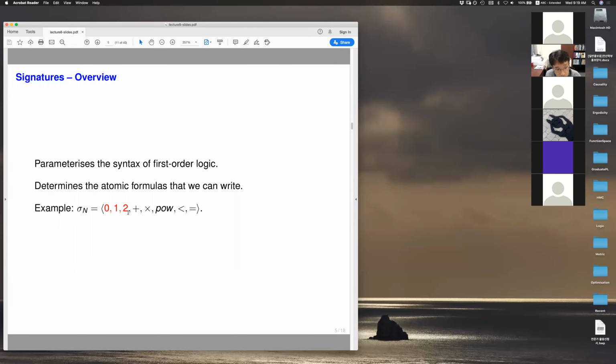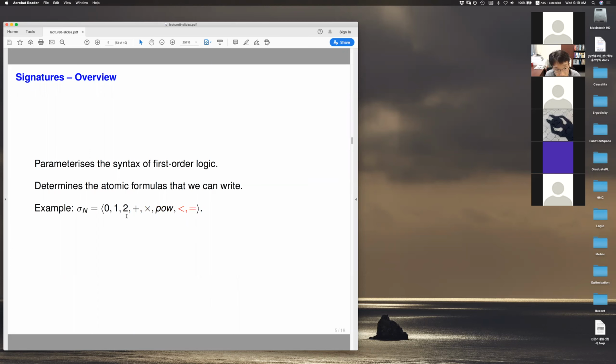The first part is called the constants. This signature contains the constants 0, 1, and 2. Then it contains so-called function symbols like plus, multiplication, and POW. And then it also contains predicate symbols, sometimes called relational symbols, in this case less than and equal.